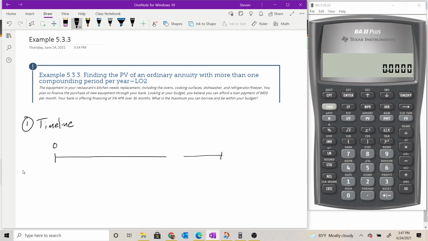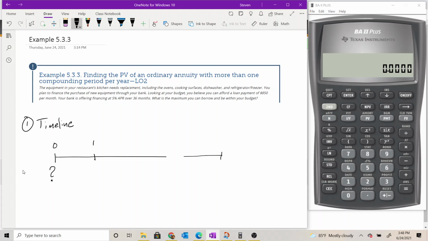All right, so we want to know how much we can borrow from the bank today. And we're going to be able to repay a maximum of $850.